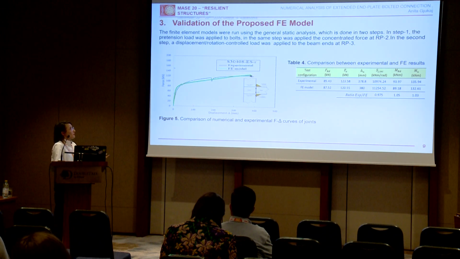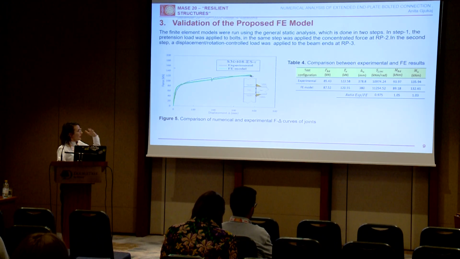That has proven that the finite element model can evaluate very well the response properties of the extended end plate bolted connection. Also, in Table 4 you can see a comparison of the applied force, maximum displacement, initial rotational stiffness, and the moment capacity of the joint, and the ratio between the experimental and numerical results.